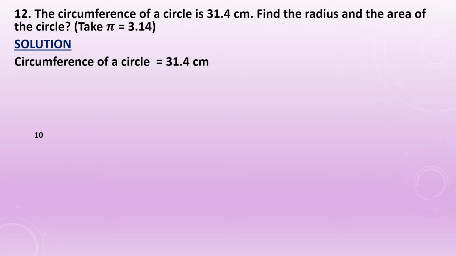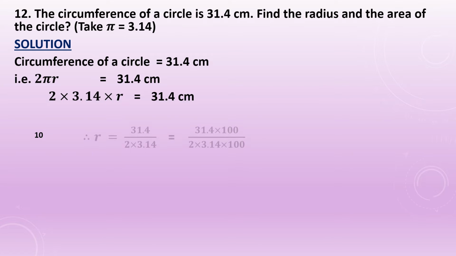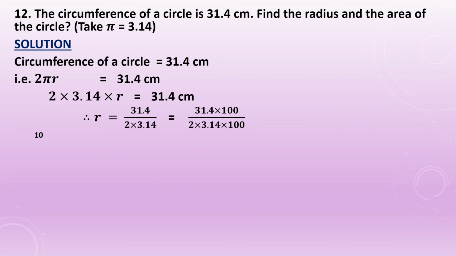So the circumference of the circle is given as 31.4 centimeter. That means 2 pi r equals 31.4 centimeter. Substituting the value of pi, 2 into 3.14 into r gives 31.4 centimeter. Therefore, r equals 31.4 whole divided by 2 into 3.14.